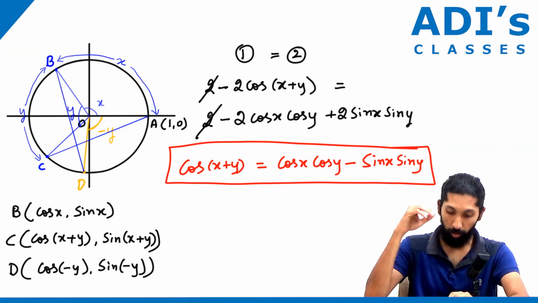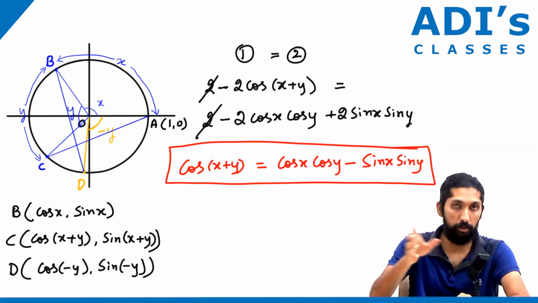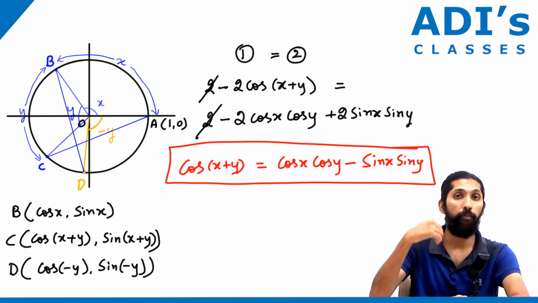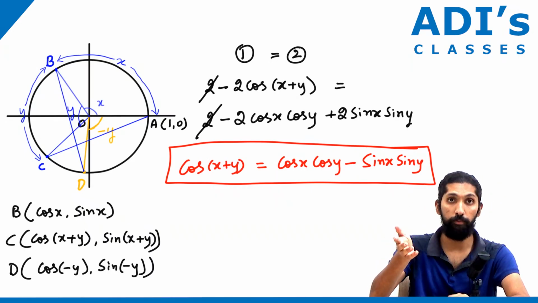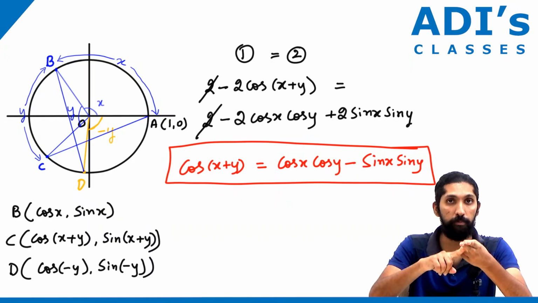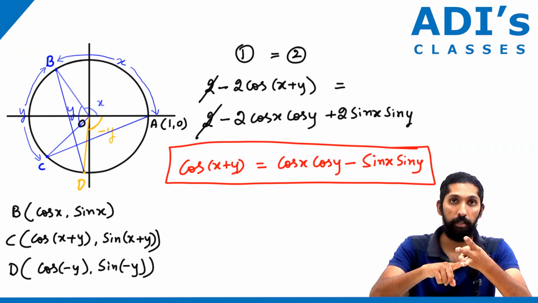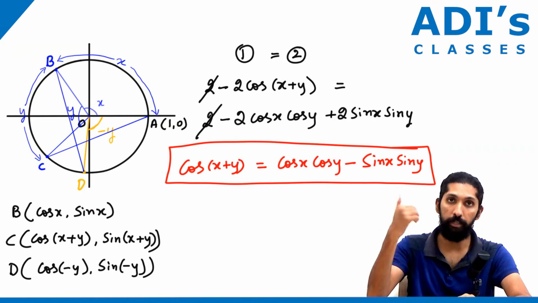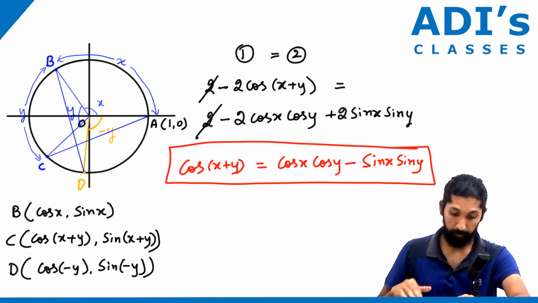Fair enough? Now, whatever the derivation we have done, it's quite important. With the help of this derivation, we can derive a lot more. We can derive cos of (x minus y), sin of (x plus y), sin of (x minus y), tan of (x plus y), (x minus y). A lot more formulas we can derive with the help of just this one.